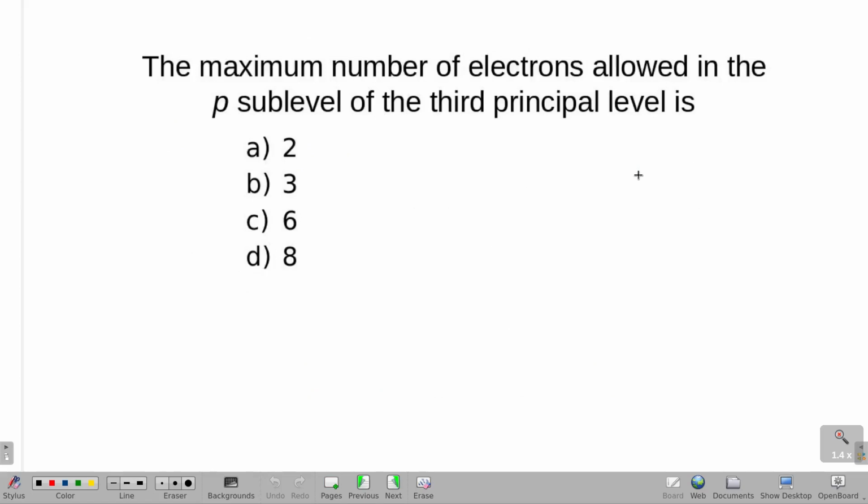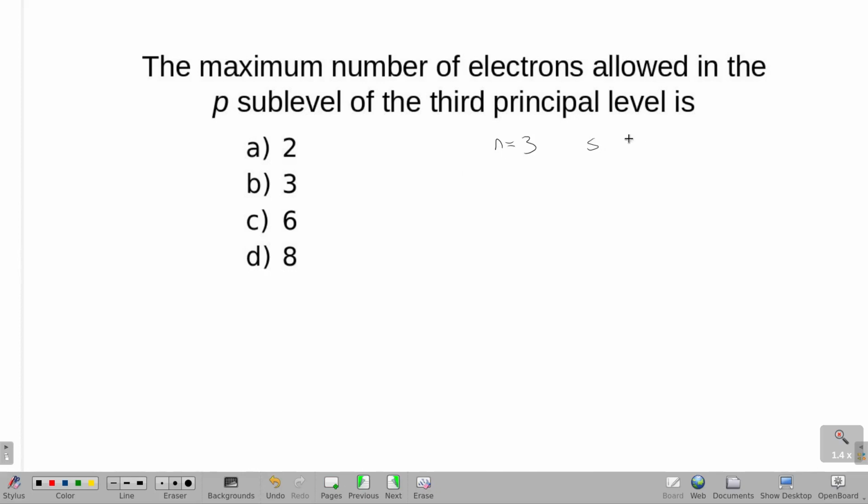Alright, but here's what we're going to do with them. So if I wanted to know something more about the sublevels, or the orbitals themselves, I'm going to ask a question like this. So what is the maximum number of electrons allowed in a p sublevel of the 3rd principal energy level? So what that's saying, this 3rd principal level, that's saying an n equals 3. That p is talking about our 2nd type of orbital.